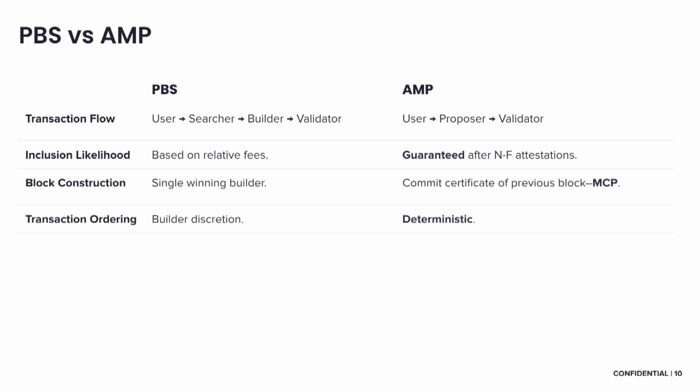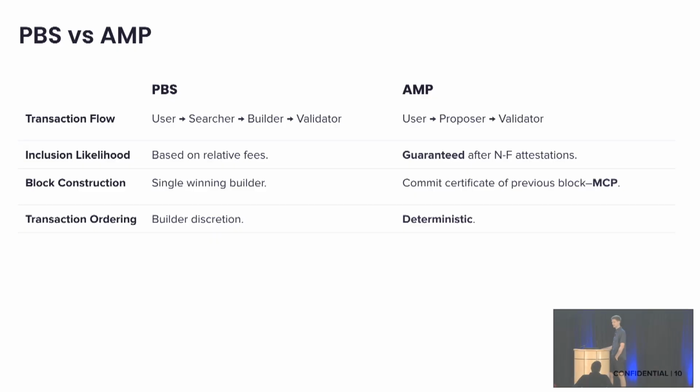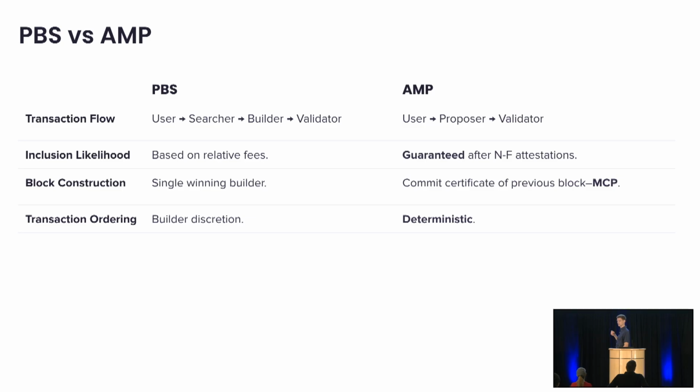Awesome. So I thought I would make a table comparing proposer-builder separation, PBS, to AMP, specifically for this audience and this workshop. So in PBS, users create their transactions. They get picked up by searchers, which get funneled over to a builder, and then the builder gives those transactions over to validators. In AMP, we have the users creating the transactions. They get sent over to a proposer, and then the proposer sends it over to the validator network.